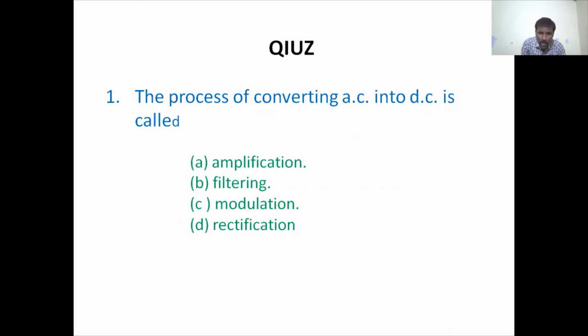Option A is amplification, option B is filtering, option C is modulation, and D is rectification. So the process of converting AC into DC is called rectification. That's why half wave rectifiers and full wave rectifiers convert AC into DC.